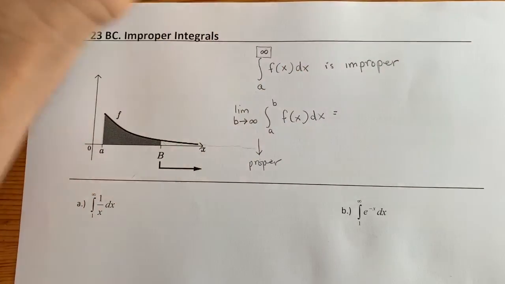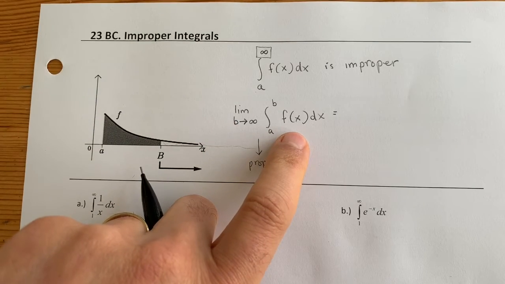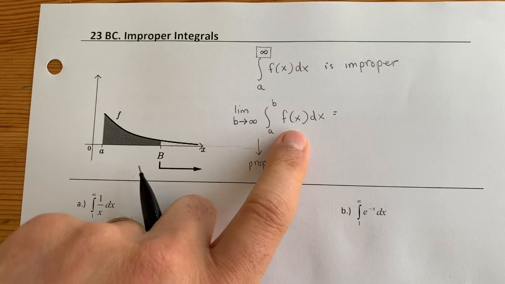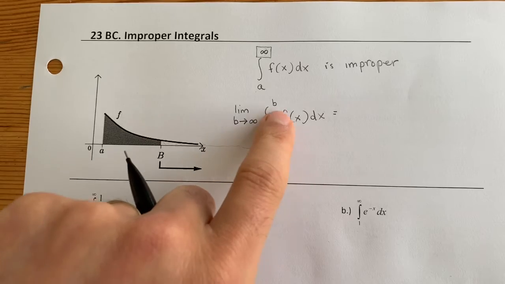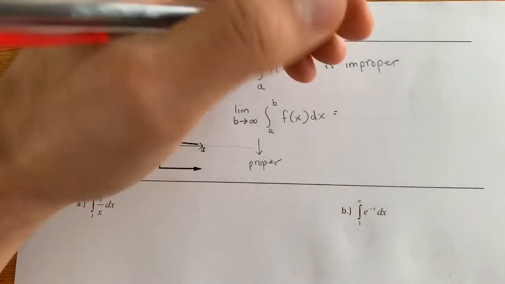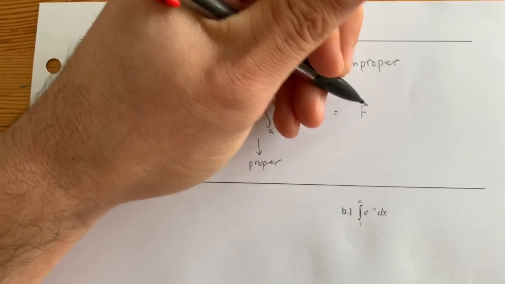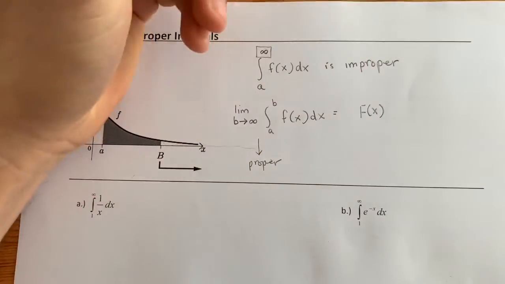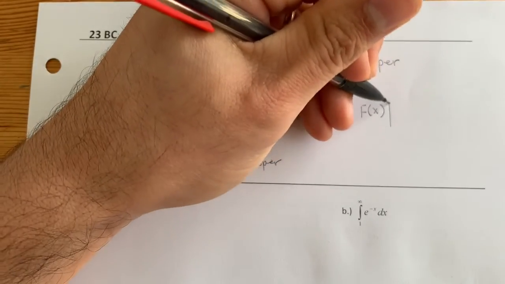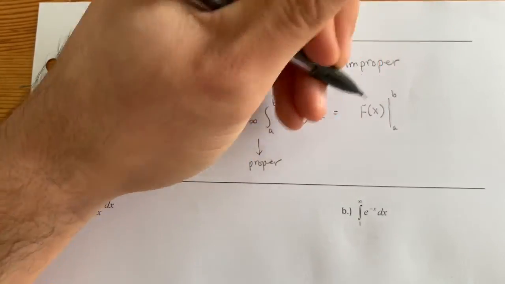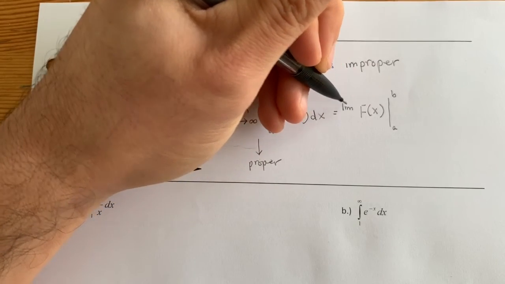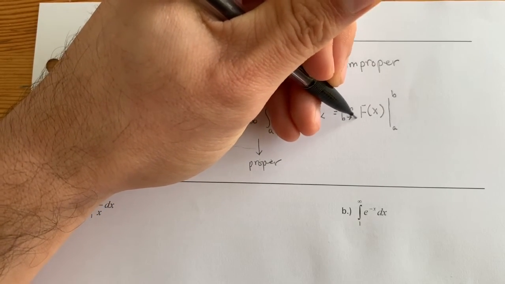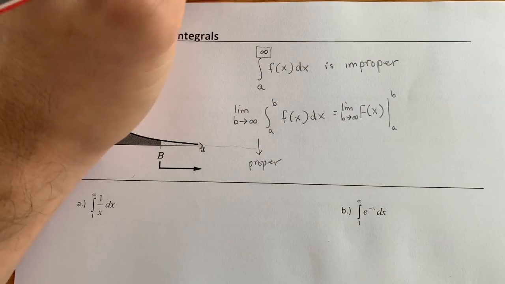If you were to continue doing this integral, the steps of the fundamental theorem would be to first anti-derive this function. That would give you capital F of x. Then you would draw your bar from A to B, but we'd still have to write the limit as B goes to infinity on that.